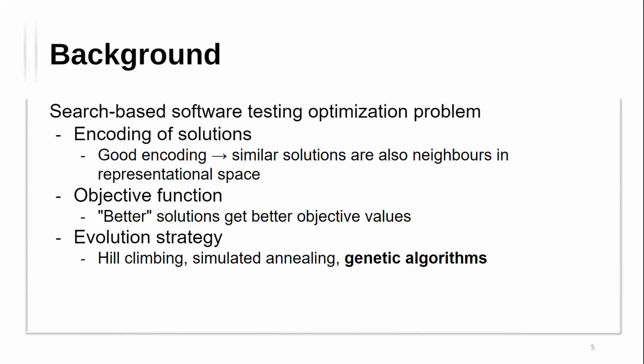First, the encoding of solutions, which in this case are tests. We encode them such that similar tests are also neighbors in the representational space, which means that if you change a small thing in one test, it shouldn't be too far away in terms of distance from the other tests. Second, you have an objective function, which is essentially a distance function used to measure the distance from the optimal solution, and better solutions get better objective values.